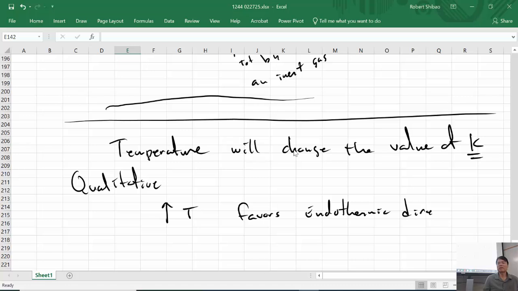And whichever direction is endothermic, it could favor the forward or the reverse. Decreasing temperature favors the exothermic direction. Both of these change the value of K.